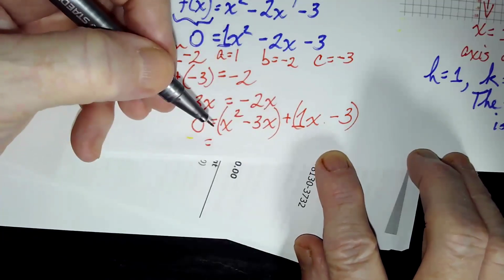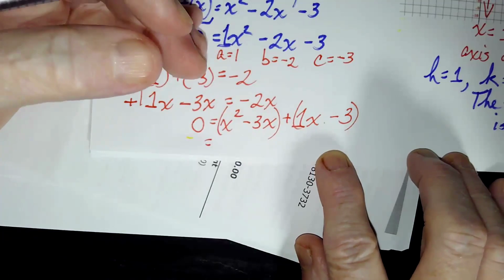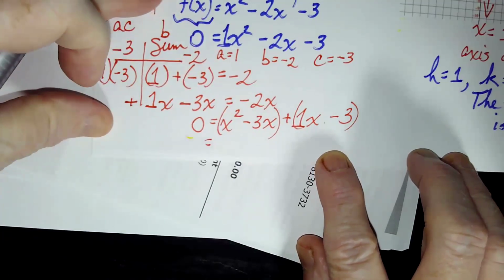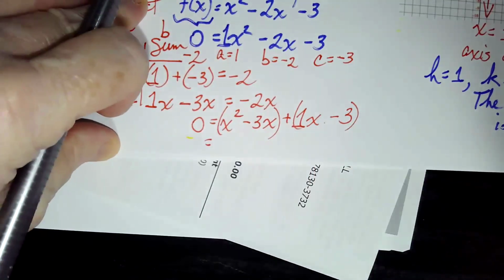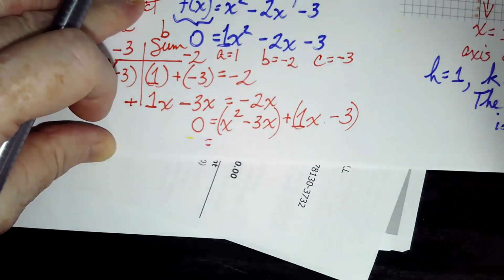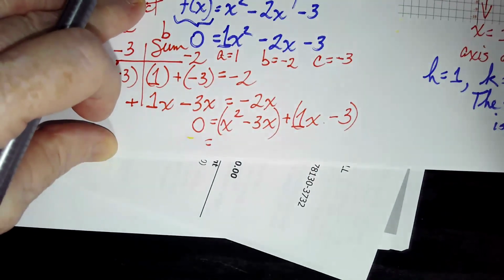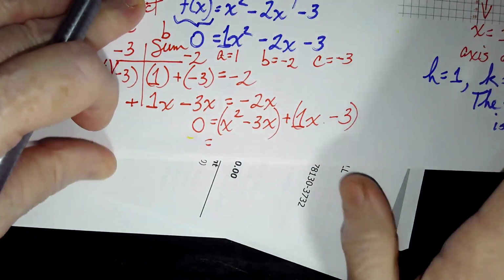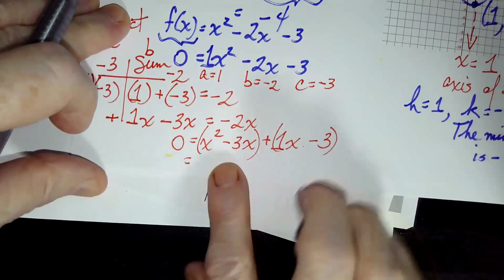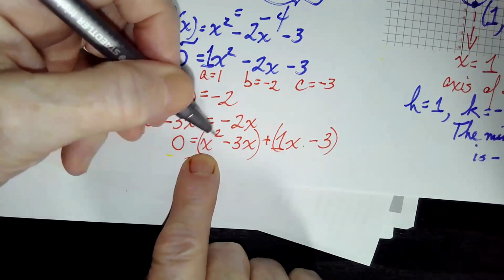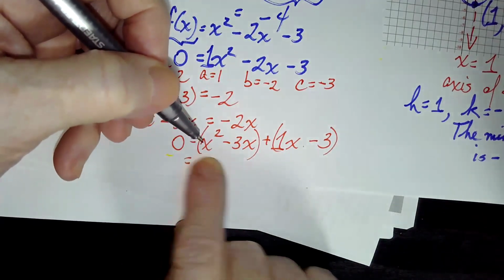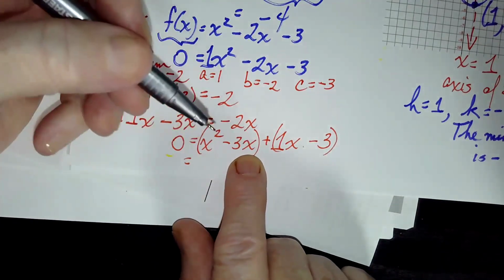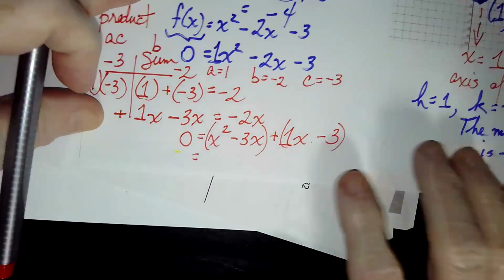They do not both have a 3, but they do both have something. X. X times x in the first one and negative 3 times x in the second. So they both have x.